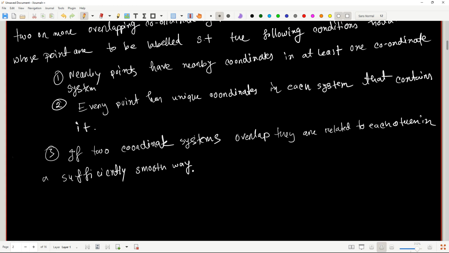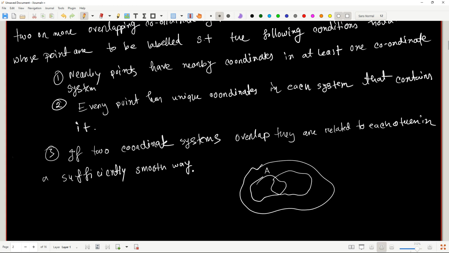And why do we need the third condition? Well, without this condition, a differentiable function, let's say this is some space, this is a local coordinate, let's say A, and this is another local coordinate, let's say B, and this is the overlapping region. Now let's say in this overlapping region we have some function, okay?